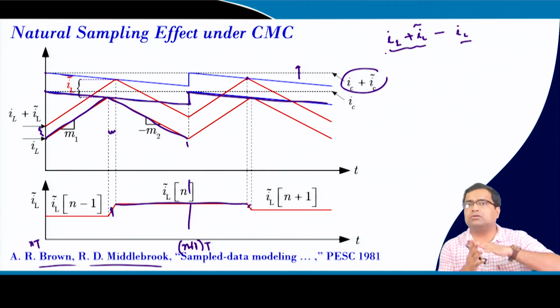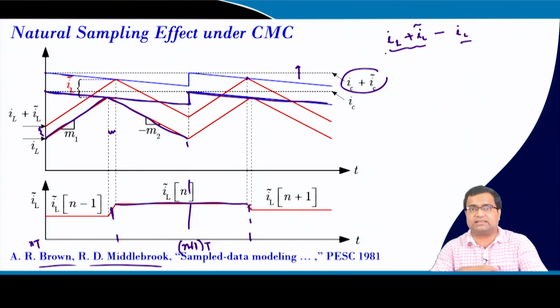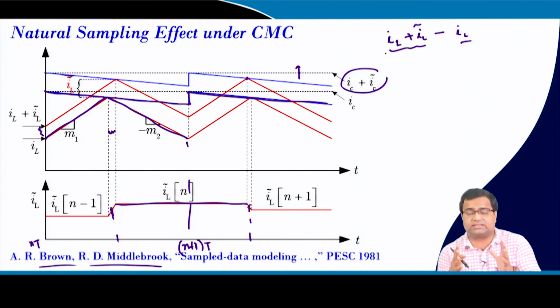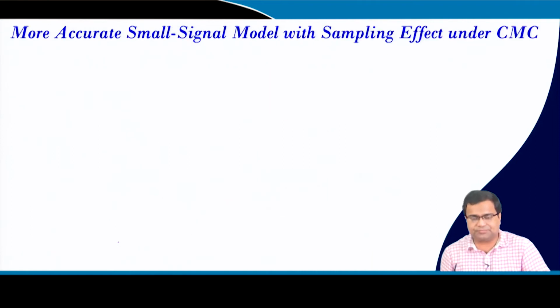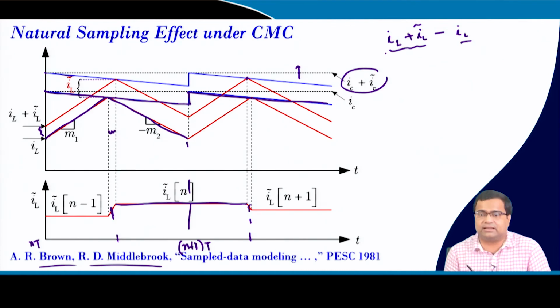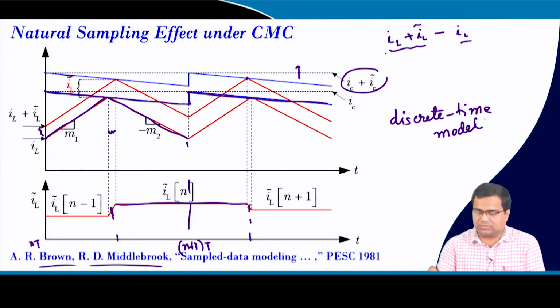So, this is the overall current reference, and it only changes after one cycle. This is like sampling and hold behavior, a sampling effect. This is naturally present even in analog current mode control. And if you want to investigate this current mode control, you need to include a discrete time model. Generally a discrete time model is used, or you can say a sampled data model.